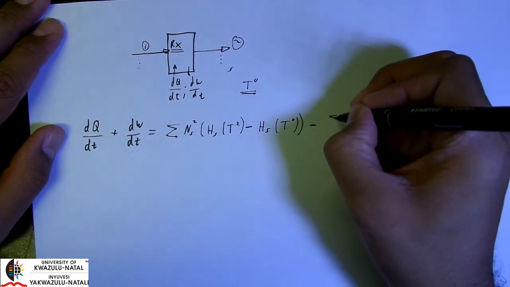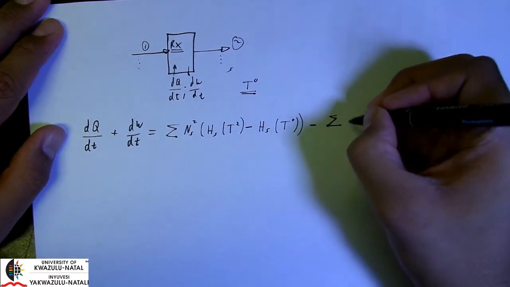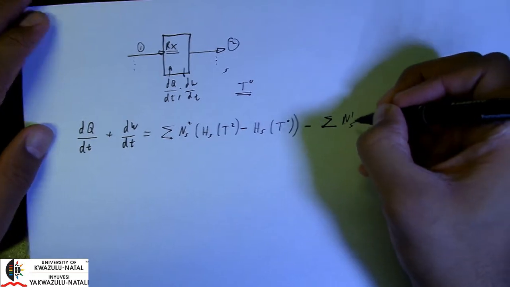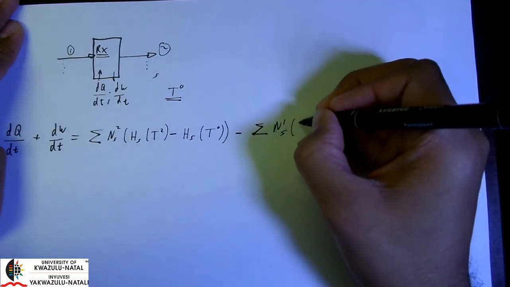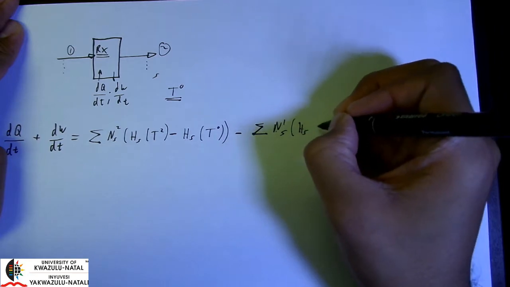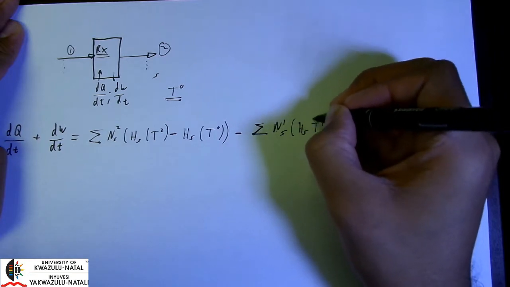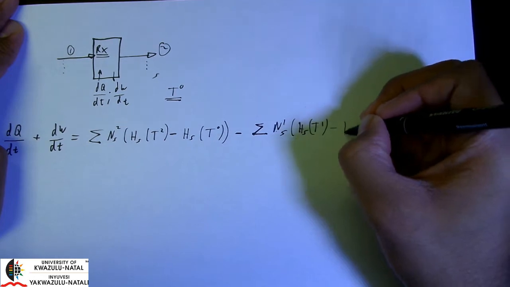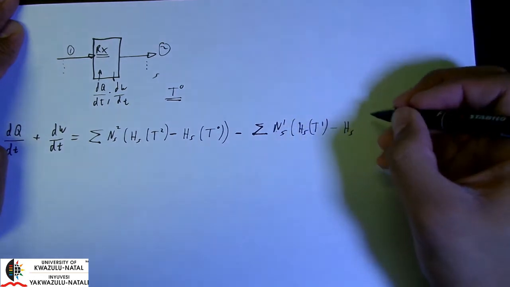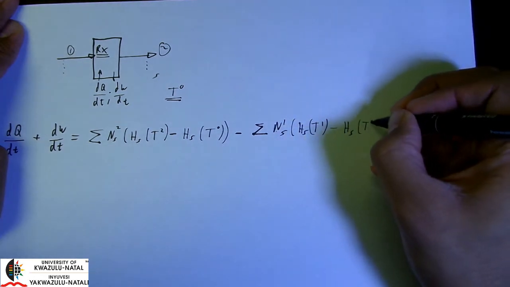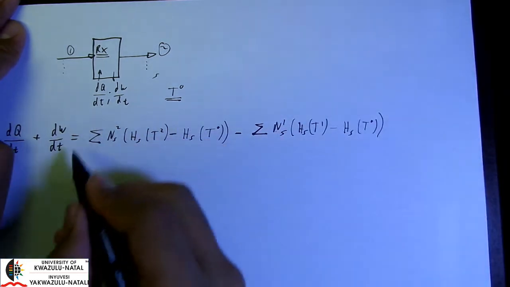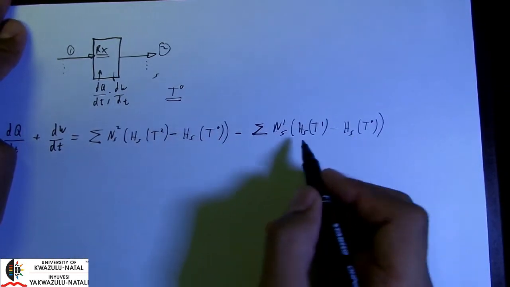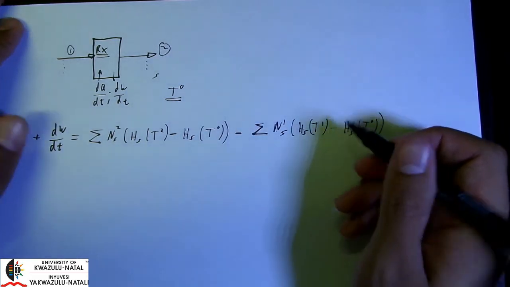Now I'm going to subtract my inputs. That's my enthalpy at T1 minus my enthalpy of each species at the reference temperature T0. So that's my outlet enthalpy minus my inlet enthalpy.